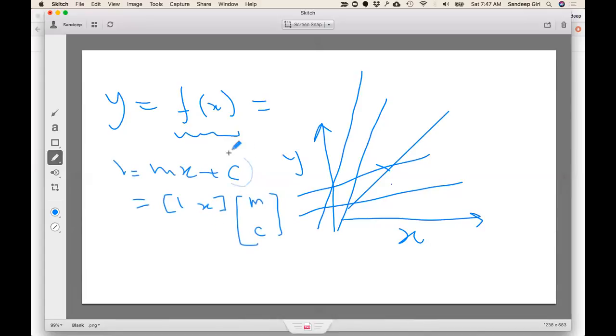Since we need to find the value of c as well as the value of m, it's easy to express it this way. Sorry, this is supposed to be c, and this is supposed to be m. So when we express it like a matrix, it becomes really easy.